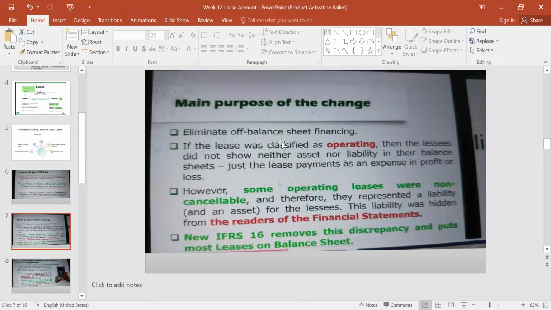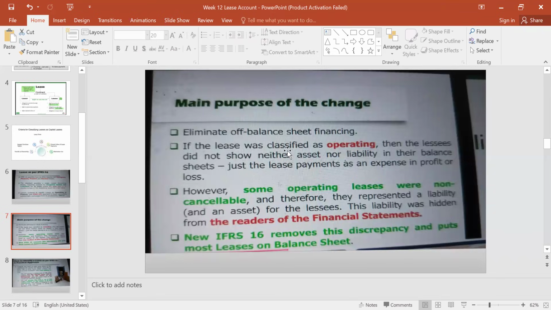These types of transactions are called off balance sheet items. You show them in the notes, not reported in the main income statement and the main balance sheet. Okay, this is another point.